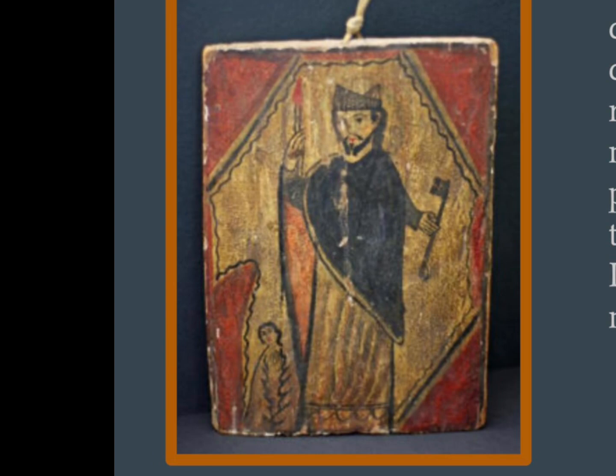This picture also has colors, like red, yellow and black. But it's not just about normal colors. The colors represent religious art. Yellow is gold, which represents holiness and light. And the red represents sacrifice and faith.